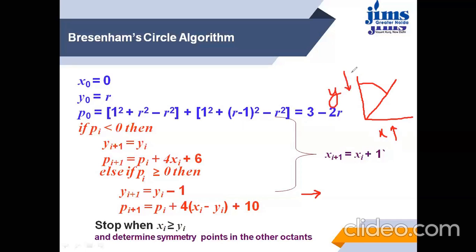So we will not take yk or yk plus 1; we have to select from yk and yk minus 1, meaning the lower pixel than that.